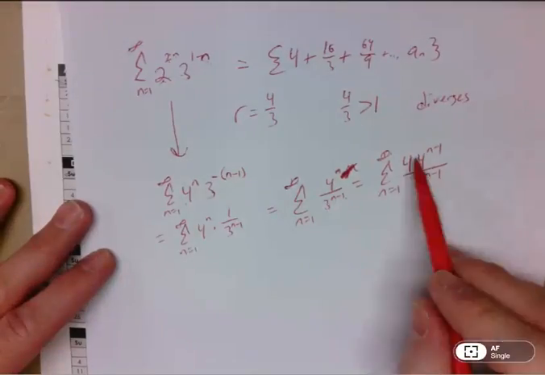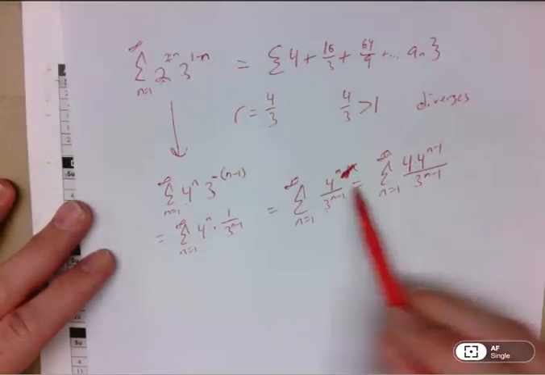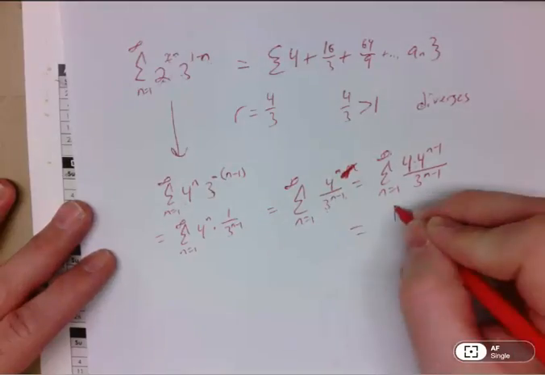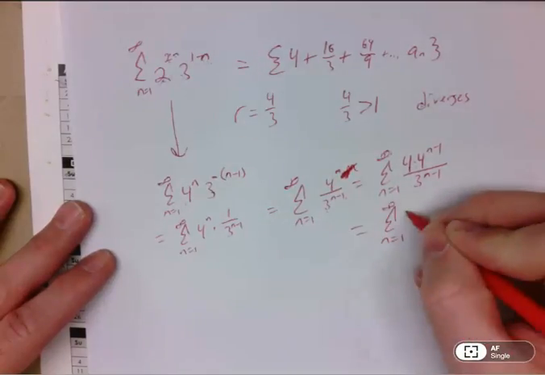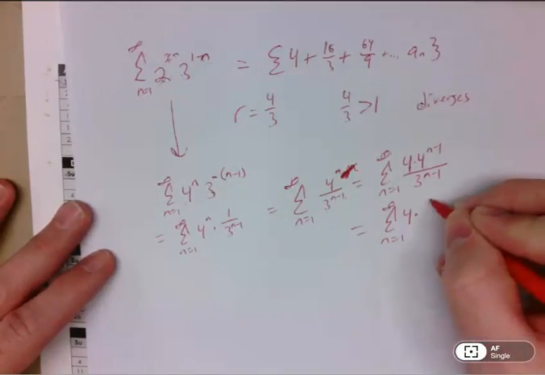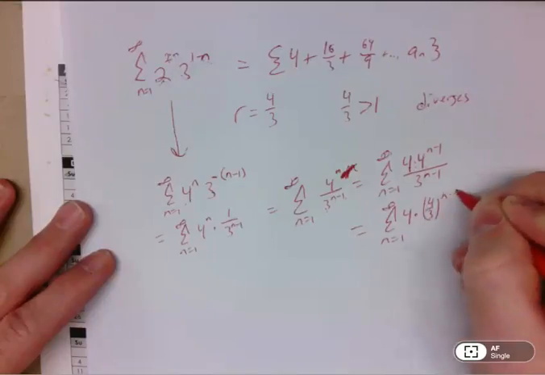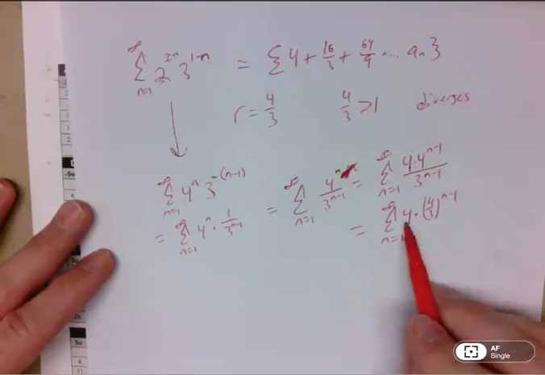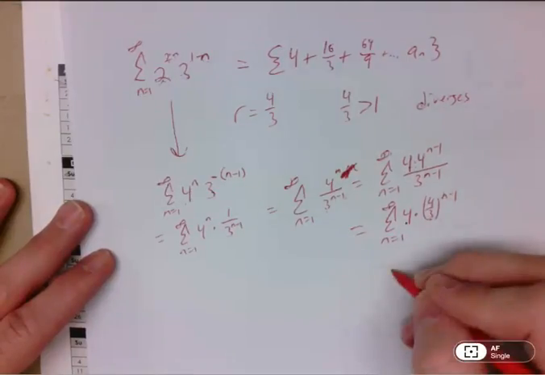That's the same thing, since 4 times 4 to the n minus 1 is 4 to the n. And now you might be able to see it. This becomes 4 times 4/3 to the n minus 1, a r to the n minus 1, right? Isn't our general form this?